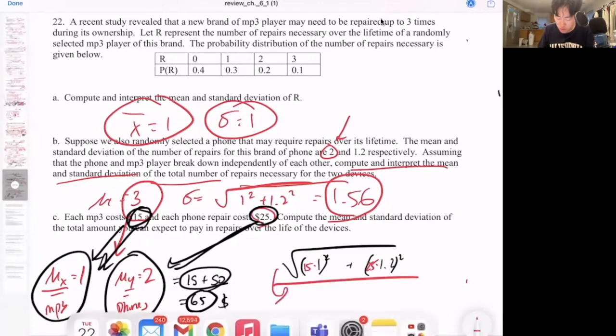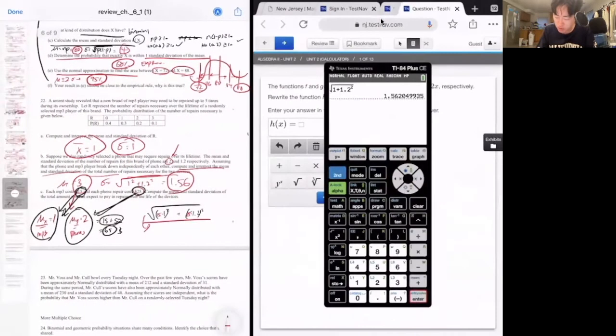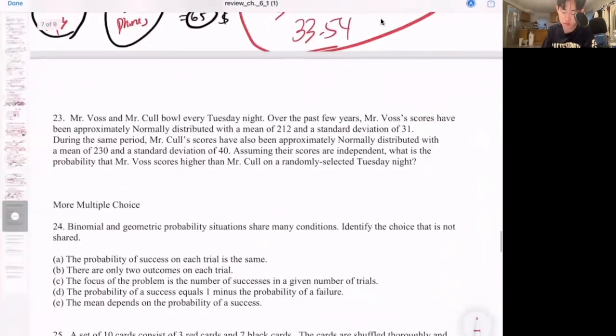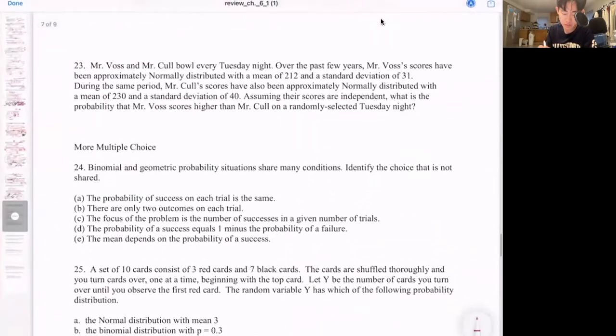So this is going to be your new value. Then I'm going to do the square root of 15 squared plus 25 times 1.2 inside parentheses squared, so 33.54. That should be your standard deviation in terms of price of the phones and MP3 players.